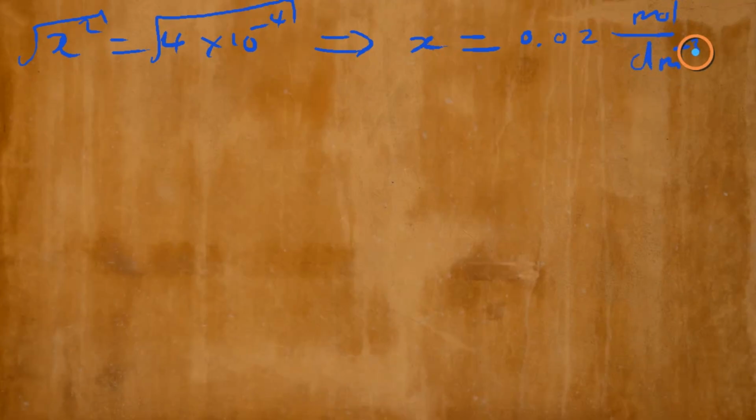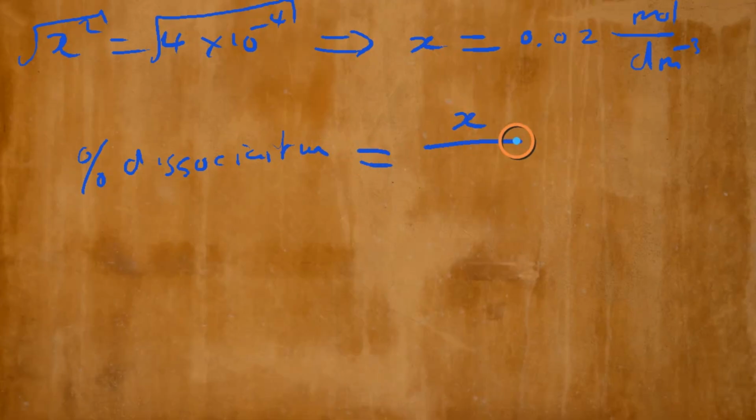Now the question is, we know the value of the X concentration, the dissociation concentration, but what is the percentage that we have lost, or the percentage of dissociation? Percent dissociation is going to be given by what we have on the products, the dissociated amount, divided by what we had initially.